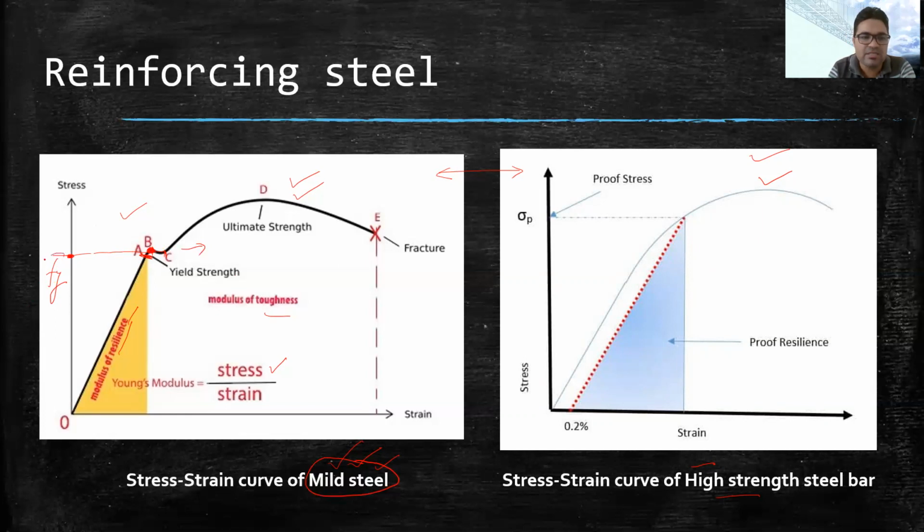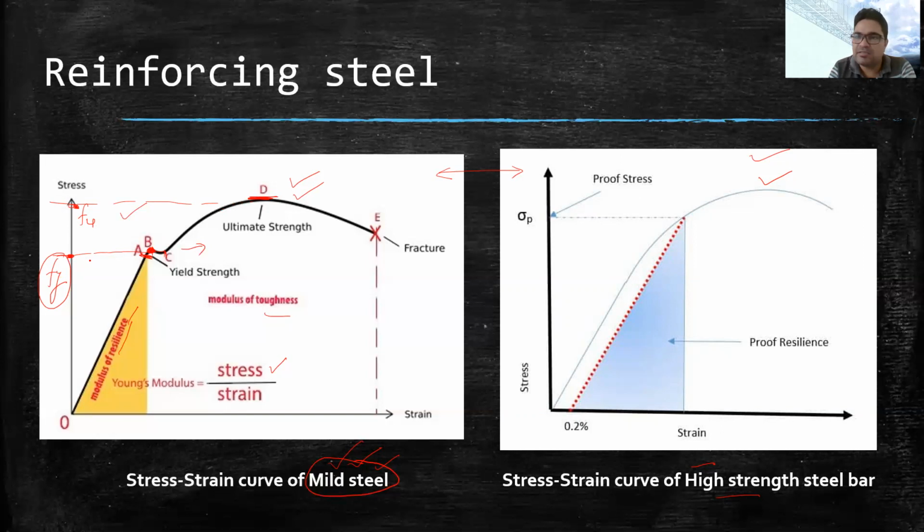Fy is the representation of the yield strength. Similarly, at point D, this is the maximum strength the steel can take. Corresponding to this point, this is called the ultimate strength of the material, say steel. So this will be Fu. Fu is the ultimate stress this steel can take, and Fy is the yield stress the steel can take.